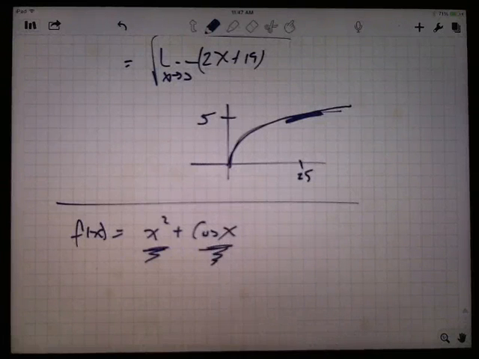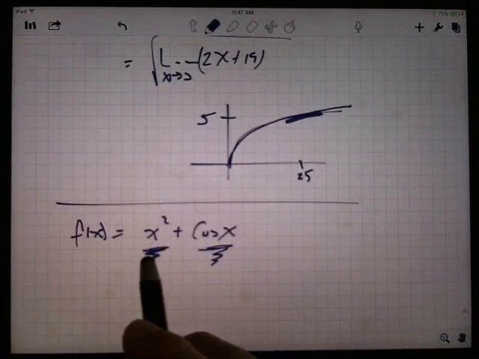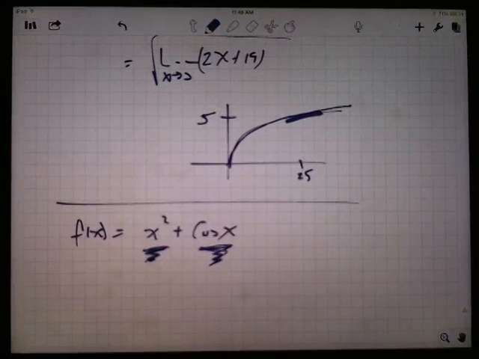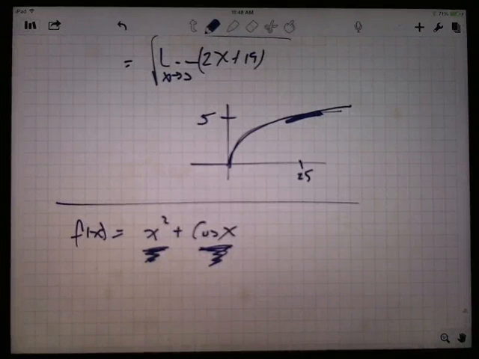Cosine of x is a nice trig function without asymptotes. It's continuous at every point. So no matter what x value you choose, the polynomial is continuous, the trig function is continuous, and you're adding two continuous functions together, so you get a continuous function. I don't need to do any proving of limit as x goes to a. I'm just adding two continuous functions together, and I get a continuous function.